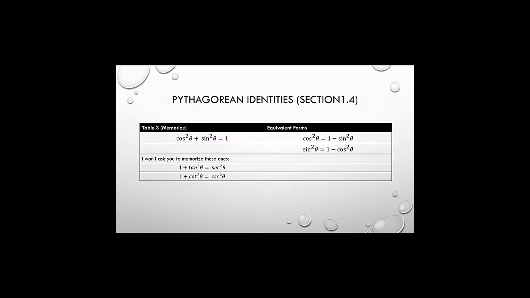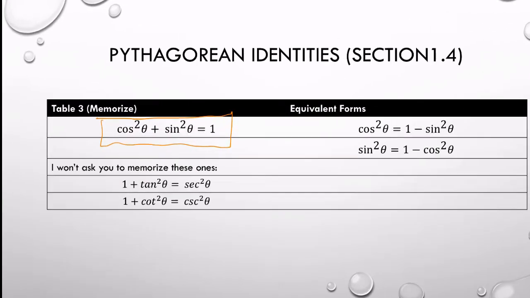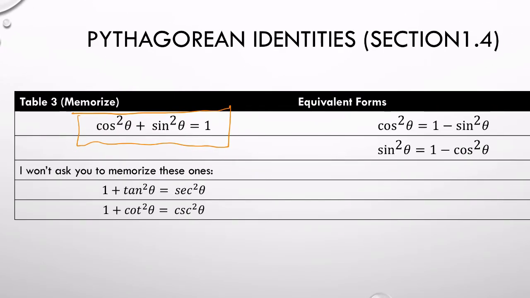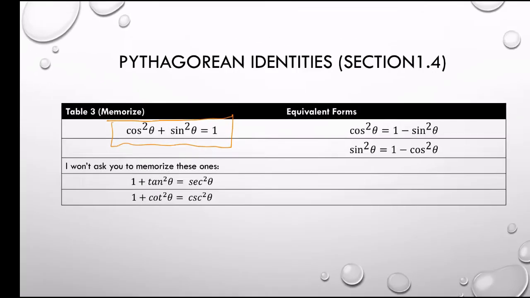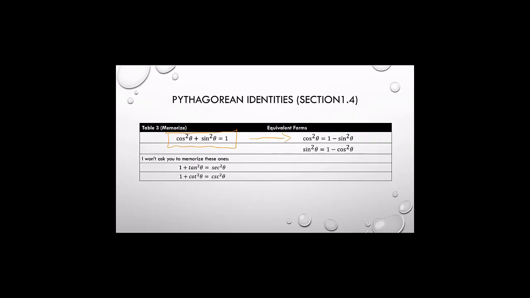So the last identity from section 1.4 that I need you to know is the Pythagorean identities. When you square cosine and add it to the square of sine of the same angle, the angle has to match. It always equals 1. And how does that work? How do you get from this left to the right?